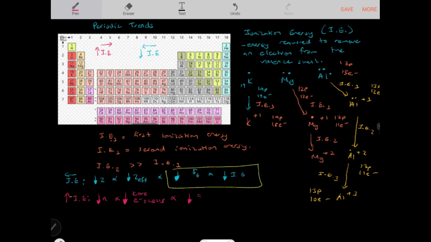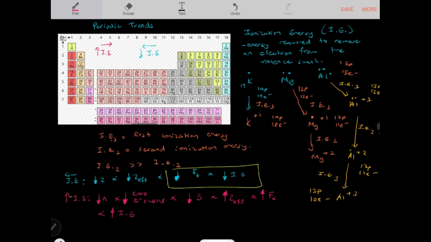Shielding is very significant, so if the shielding effect decreases, then the effective nuclear charge will tend to increase. If the effective nuclear charge increases, the force of attraction increases, and then more energy is required to remove electrons from the valence shell, so the ionization energy will tend to increase.